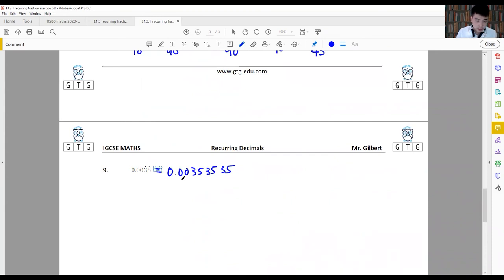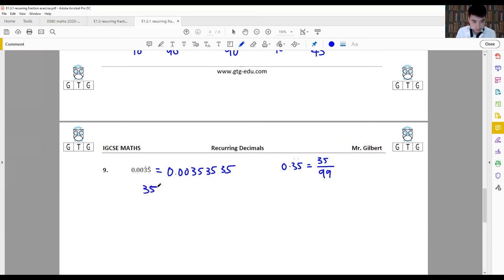Now, to look at this kind of question, we know that if we had 0.35 recurring, it's going to be 35 over 99. Correct. Compare this with this, you can see that it is actually 100 times lesser than this. Or in other words, we can divide it by 100.